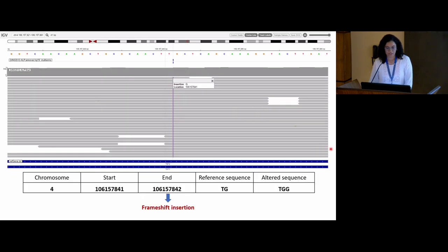Now let's look at the Integrative Genomics Viewer for this, and we can see that this is the position 841 which was seen in the reference sequence. This is the next position 842, and we can see that there is an insertion G in here, which is a frame shift insertion, right?